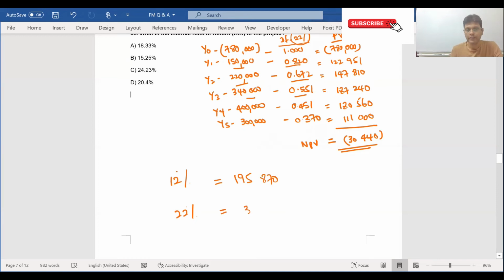At 22%, it's a negative net present value. Therefore, the IRR should lie in between 12% and 22%, in between these two rates. Okay, so let's apply the formula.